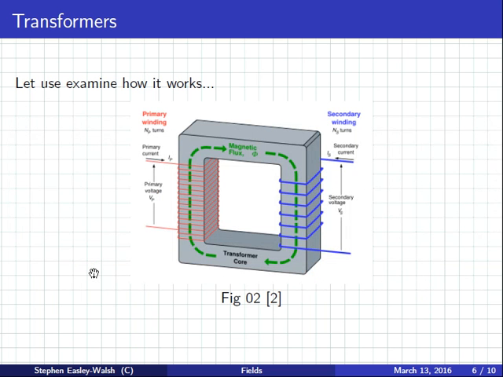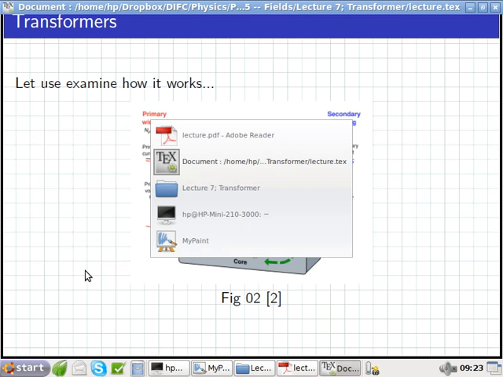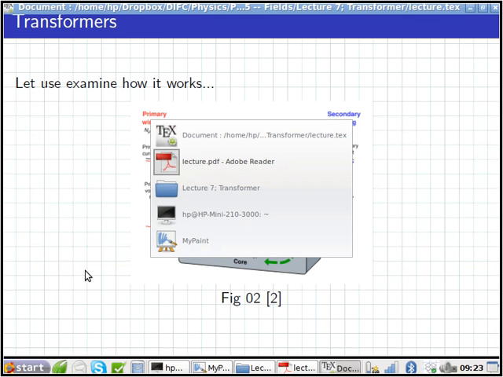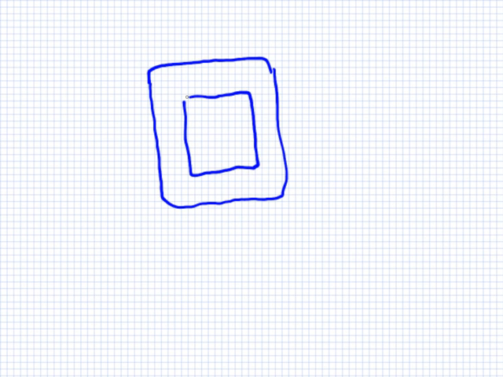Right, so let's go back to the picture and let me draw it. Right, so first we have a piece of iron cut into this kind of rectangular shape with a hole in it.